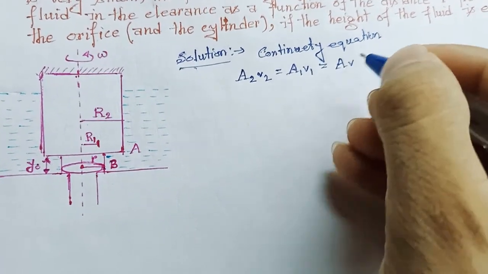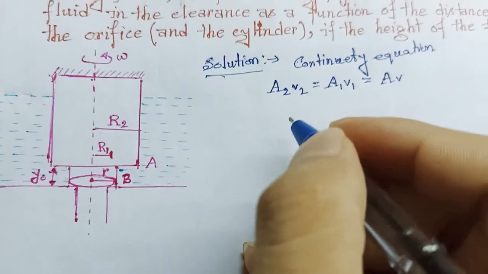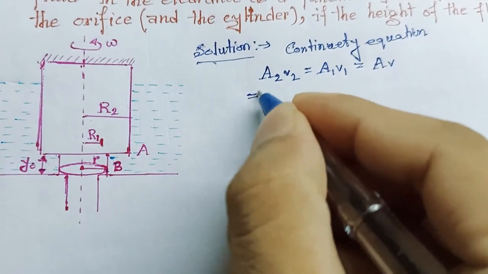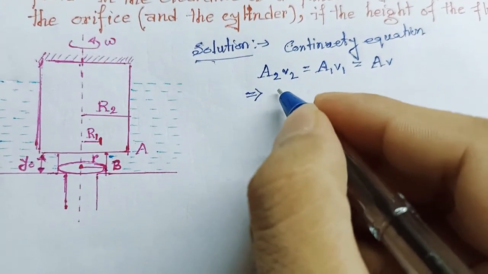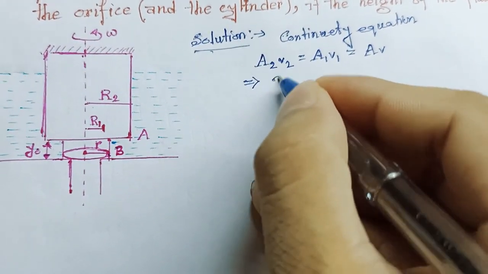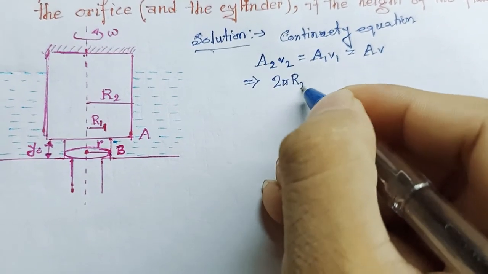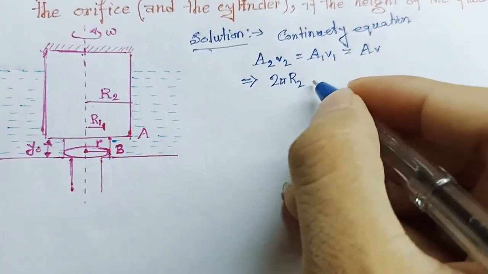From the given figure it is found that the area A2 is equal to 2 pi r2 times y0.